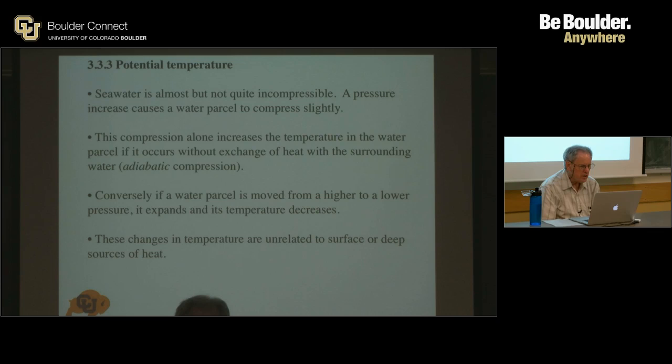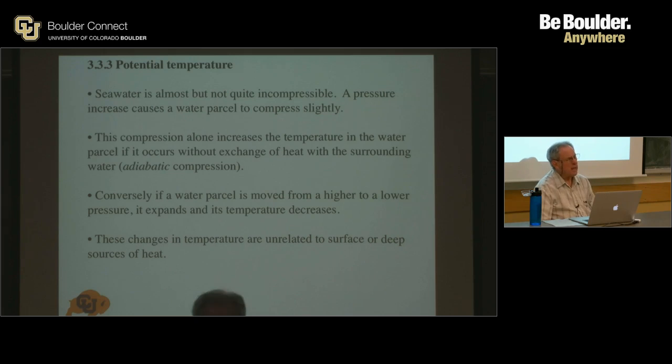So there's compression that causes the temperature in a water parcel to go up. If you had one of those transporters like they do on Star Trek, and you could take a water parcel from the surface down to 5,000 meters, and it's adiabatic, you don't change any heat, its temperature would be higher.